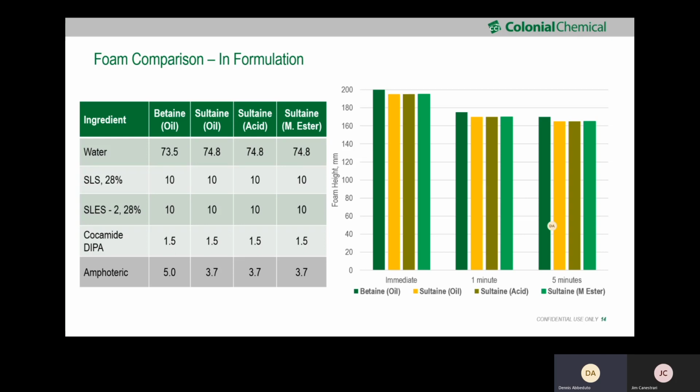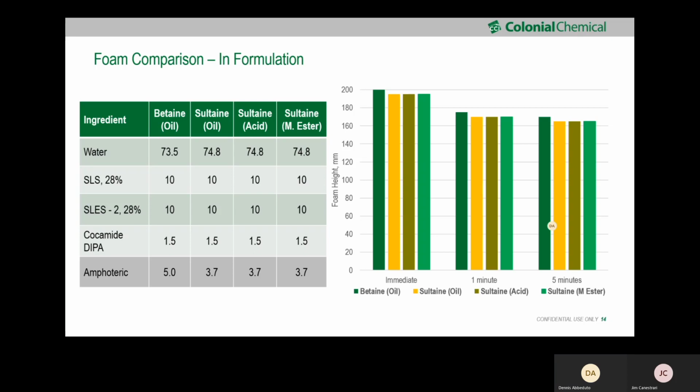Here we can see how the foam compares in a formulated system between these different variants, from the betaine, sultaines from similar or alternate sources. In all these formulations, we reduced the amount of the sultaine due to its higher activity, proportionate to the solids content.